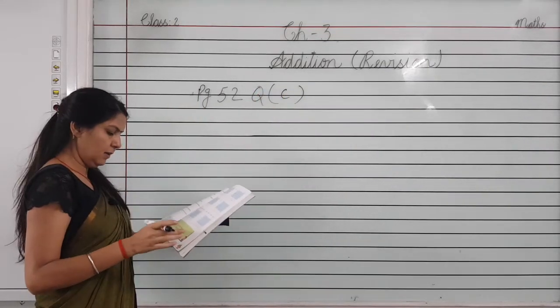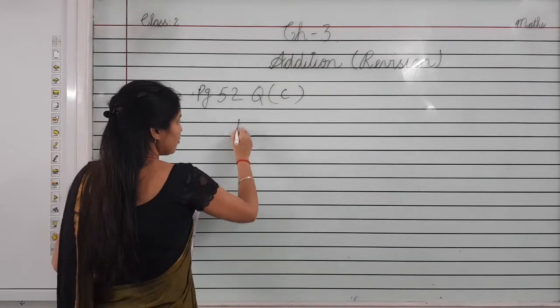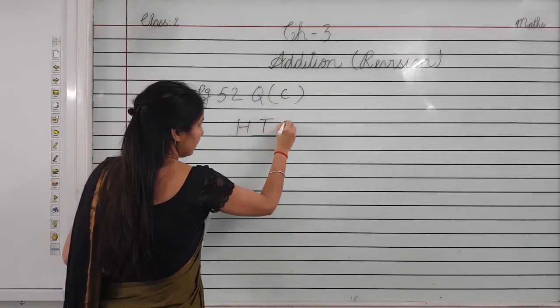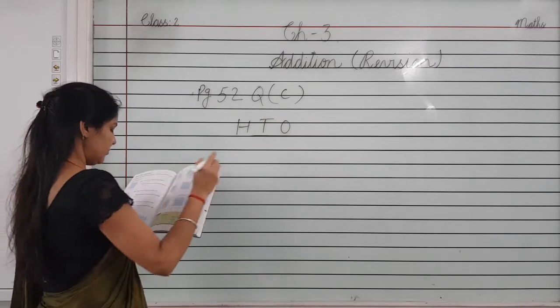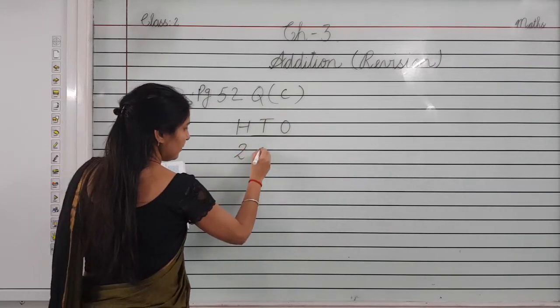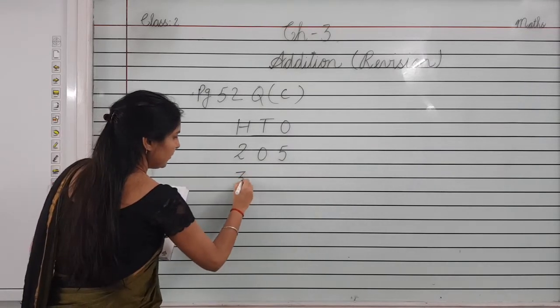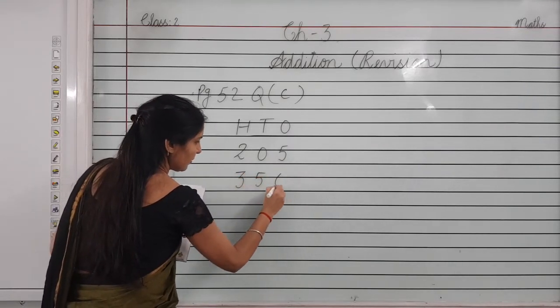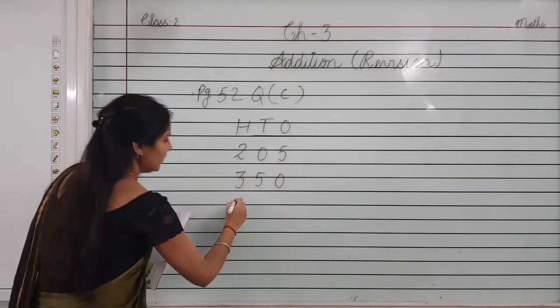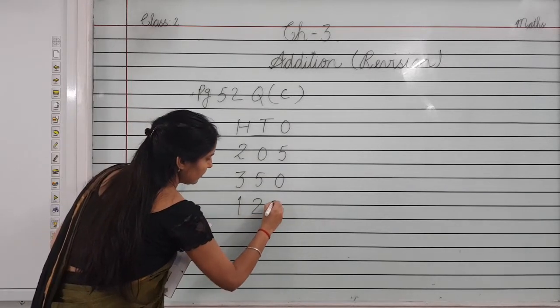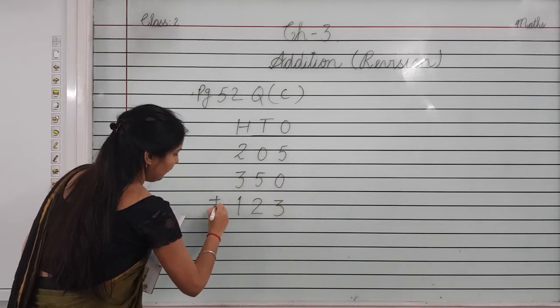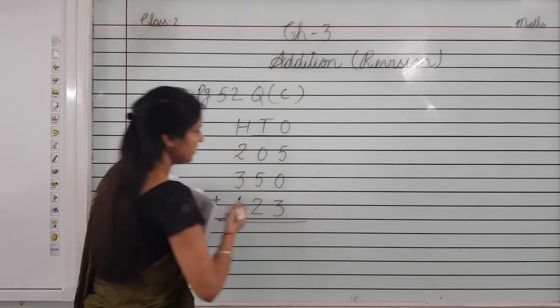Numbers are arranged here in the columns, so we will solve the sum directly. Numbers are 205, 350 and 123. Sign of addition. Now we will add these numbers.